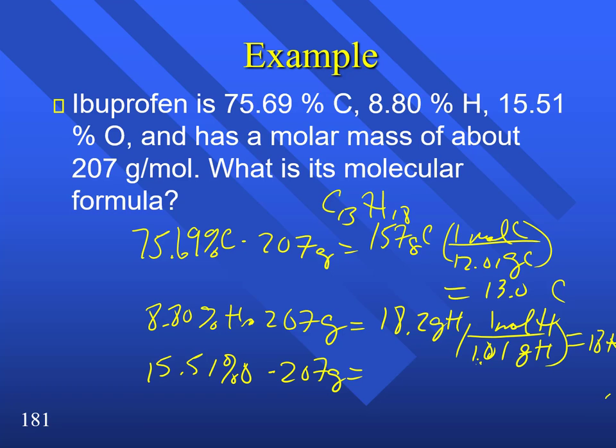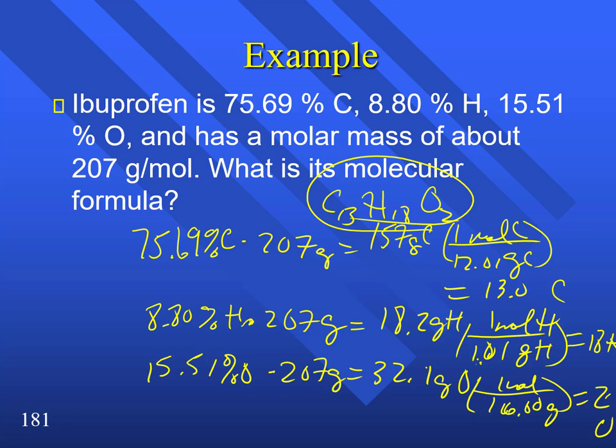We get 32.1 grams of oxygen, and it's 16.00 grams for 1 mole. 32.1 divided by 16 is going to be really close to 2. So that's my formula. Well, real molecular formula is C13H18O2.